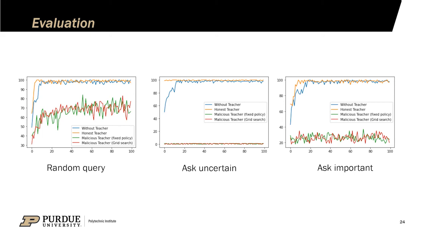A malicious teacher will give him wrong instruction and make him not learn any useful information from the feedback provided by the environment. Also, in these 3 figures, we can see that our proposed poisoning attack can damage the student's learning process, especially in the ask uncertain and ask important cases. Our proposed attack is very effective.